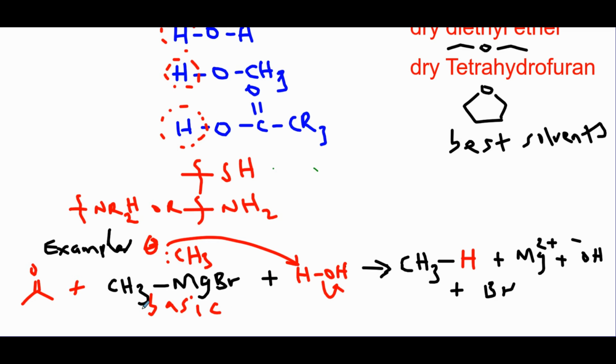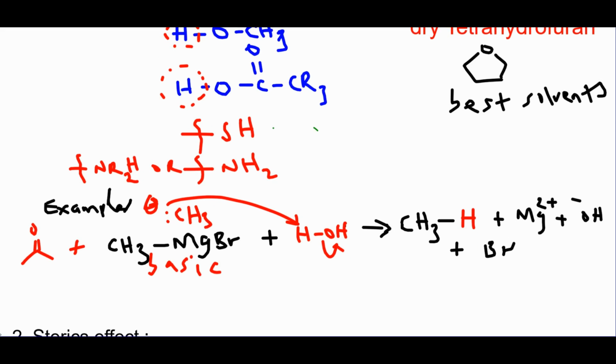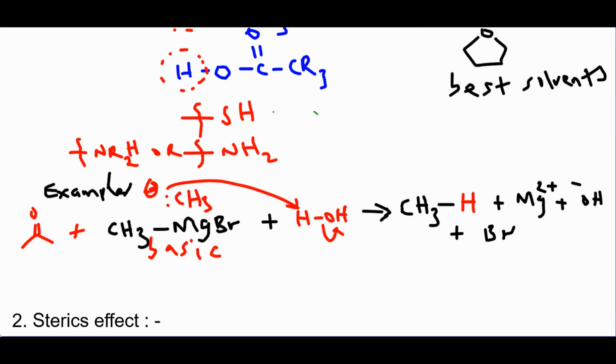They will kill the Grignard by replacing the MgX with a hydrogen, and you get this inorganic byproduct. So you don't want these protic solvents in the flask. Instead, we prefer to use dry diethyl ether, dry THF, to allow the Grignard to attack the carbonyl. So Grignard reactions are solvent sensitive.